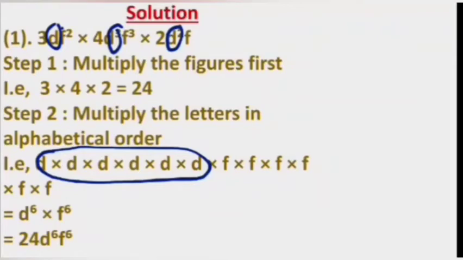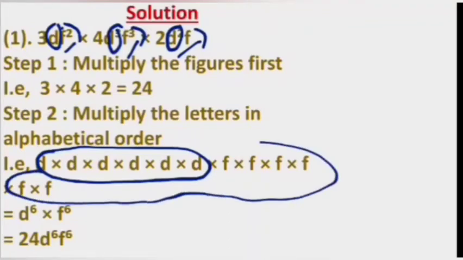Alright, then we go to the other letter. Here we have f squared, f raised to the power 3, which is f cubed, and then the other one, f. So you count them: 2 here, 3 here, and 1 here. When you add all together, you definitely have 6.